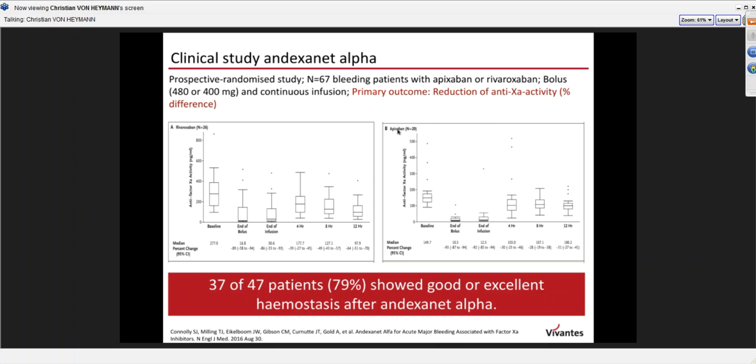We would do a diluted thrombin time in patients that are, for example, undergoing major abdominal surgery, like tumor oncological surgery, or intracranial surgery. In these patients, I would like to know preoperatively that there is no more anticoagulant on board.